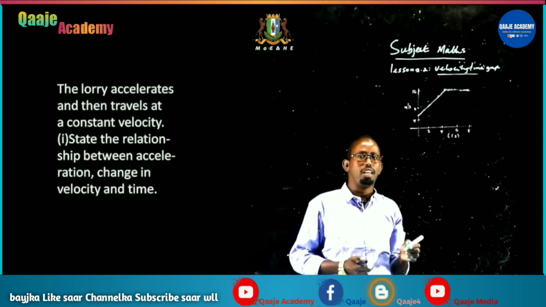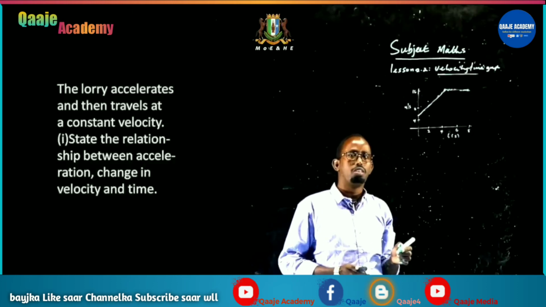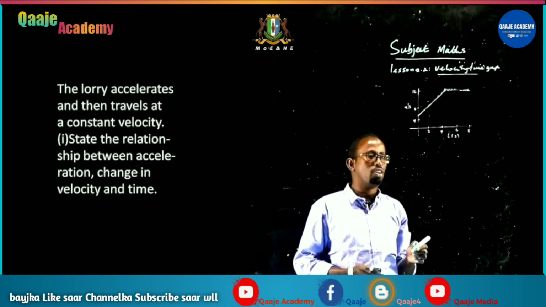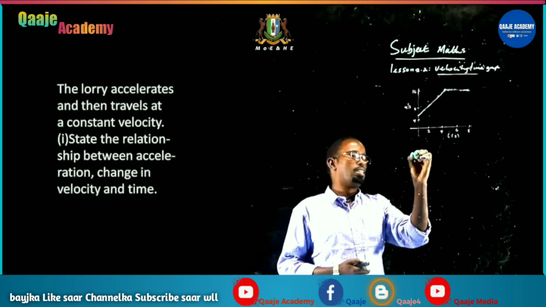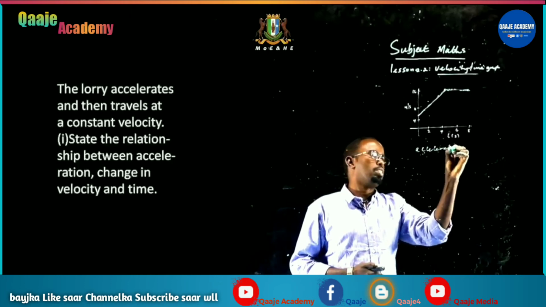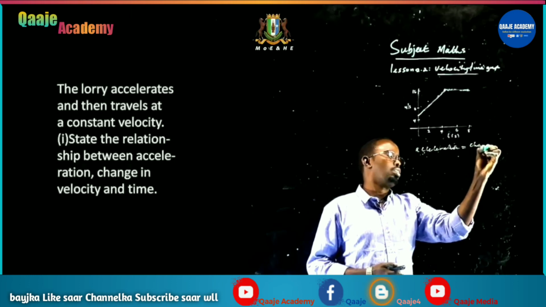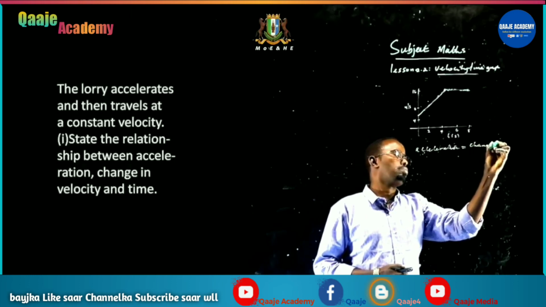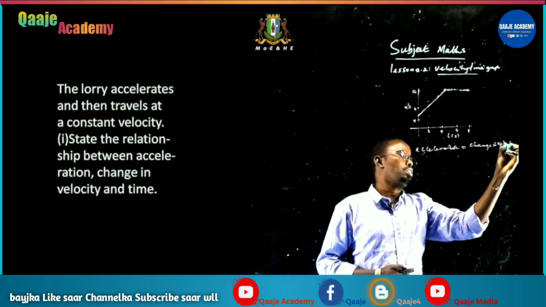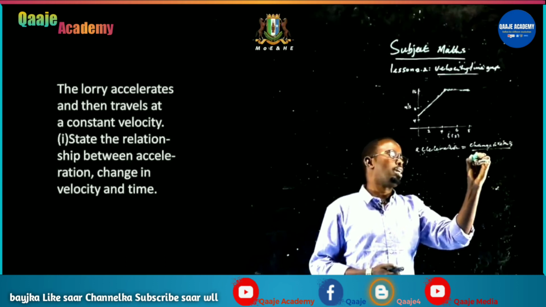The question is, state the relationship between acceleration, velocity, and time. The relationship is acceleration is equal to change in velocity divided by time taken, change in time, that is.